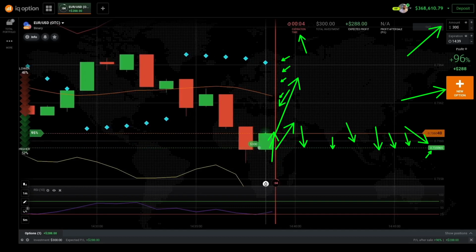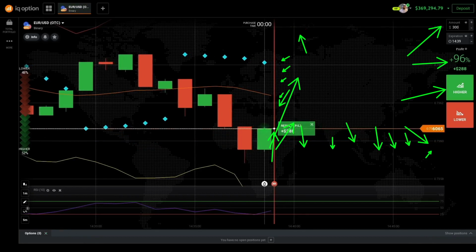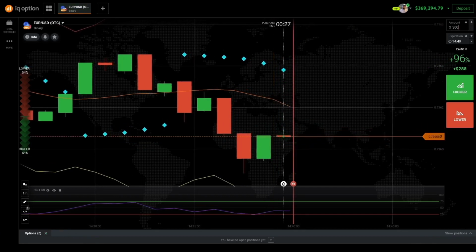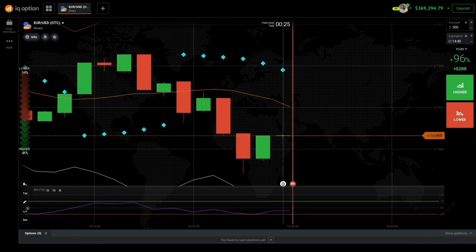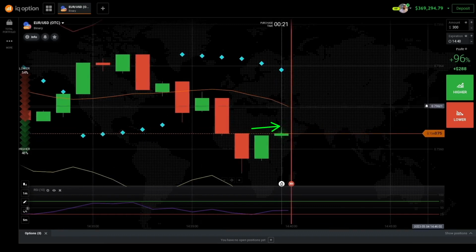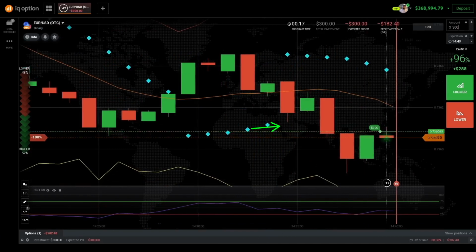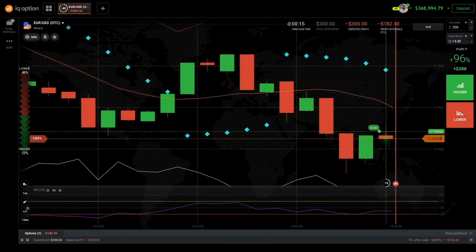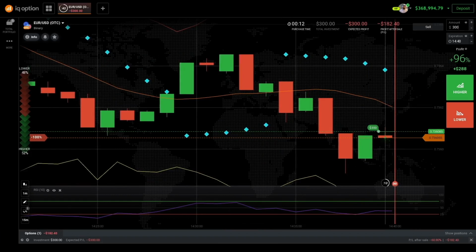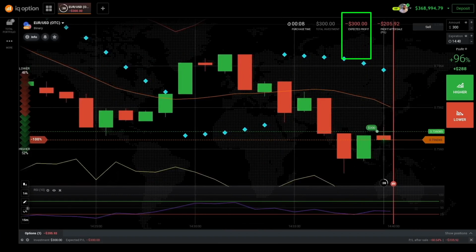And if my prediction is right, IQ Option is telling me that I will make 86% of my investment, which happened. This happened, right? So in the case of a loss, if my prediction is wrong, like in this case here, for the moment I'm losing $300, right?